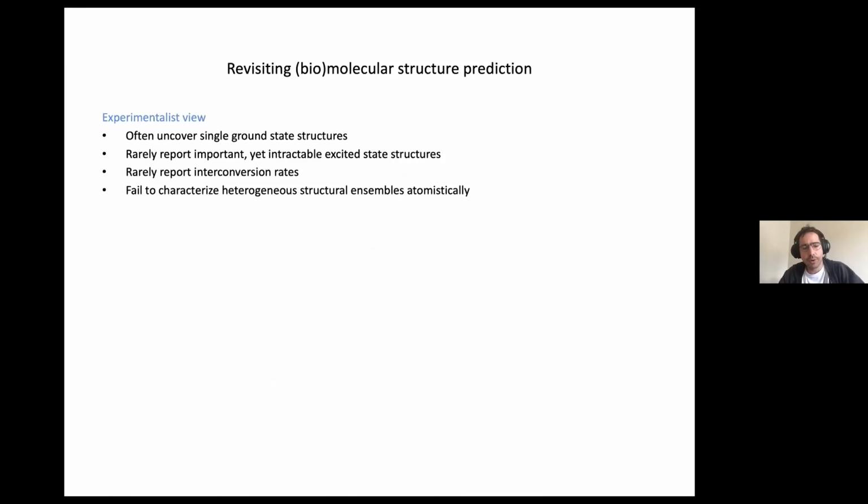They rarely report how these structures interconvert with each other, and more importantly, and this is a big challenge we're facing now, experimentalists frequently fail to address the heterogeneous structural ensembles at play.